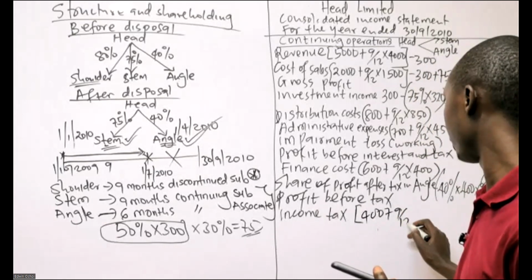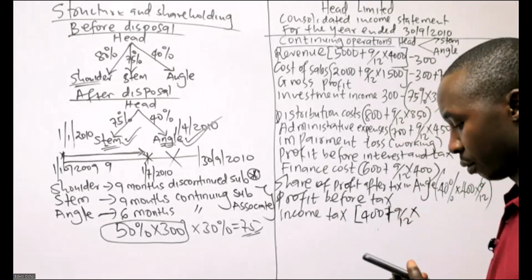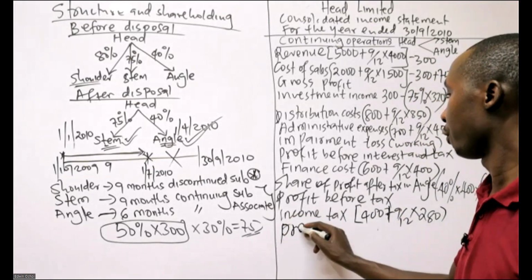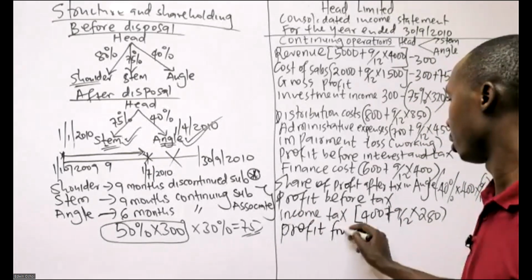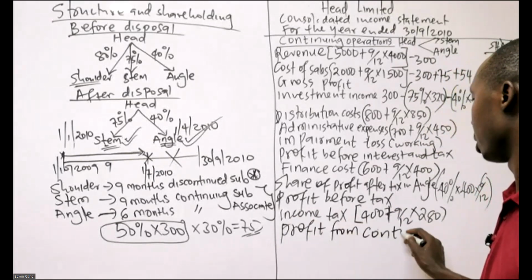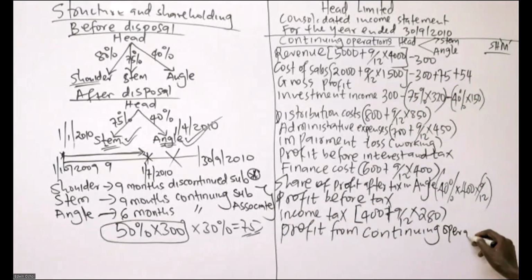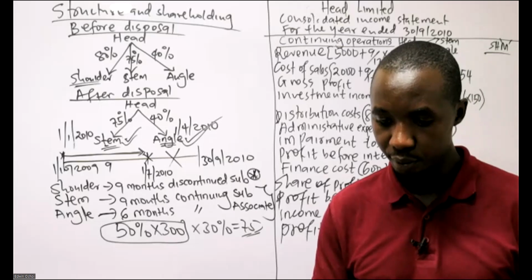That is plus 9/12 times what? 280. So up to this point, we get the profit from continuing operations. This is my A.